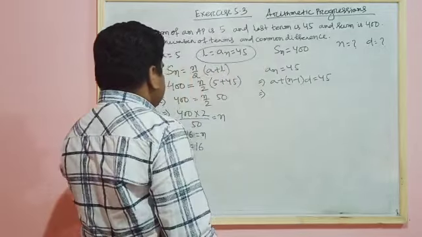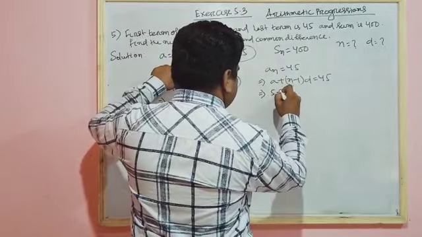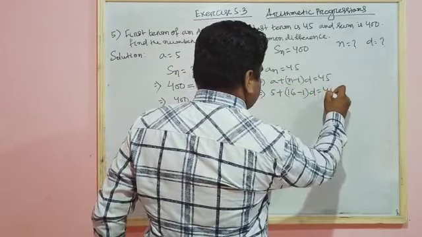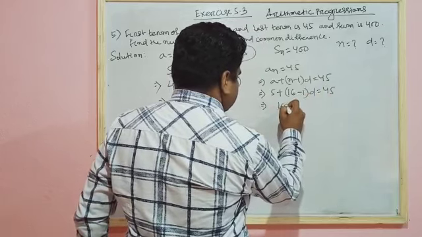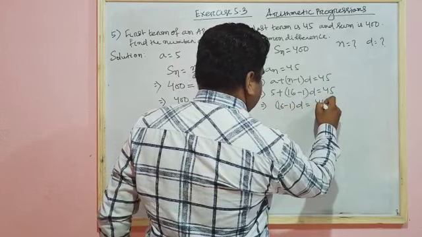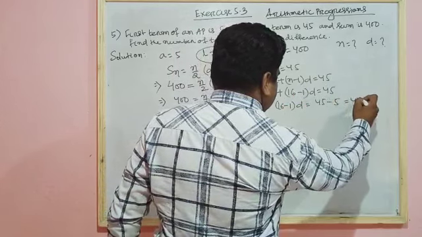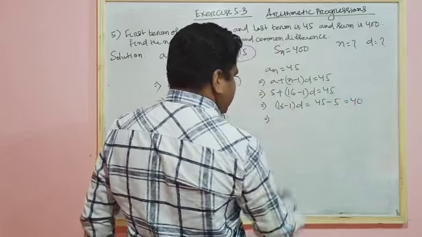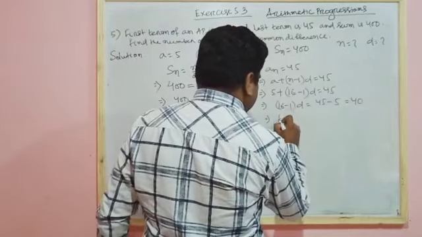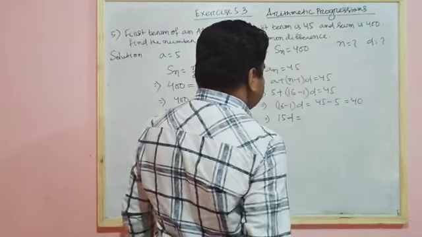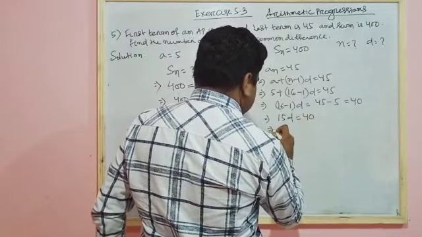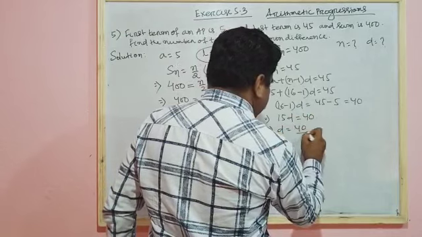A is how much? It is 5 plus (n is 16 minus 1) into D is 45, or (16 minus 1) into D equals 45 minus 5 is 40, or this implies that 16 minus 1 is 15, D is equal to 40, or this implies that D equals 40 by 15.